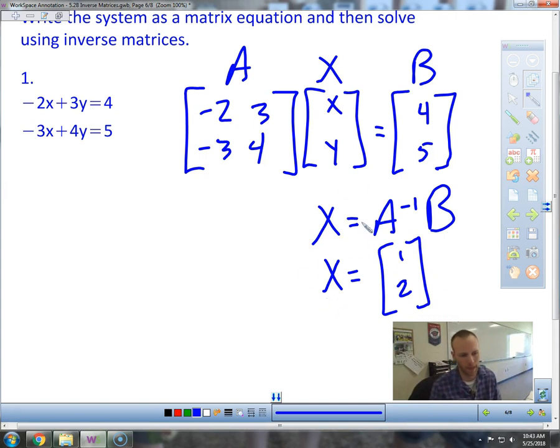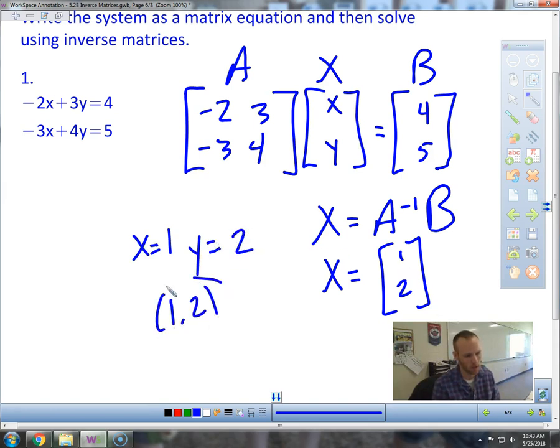Now remember this big X, that's a capital X for the name of that matrix. This is a little x, there's Y. So what is X? 1. What is Y? 2. The solution to this is 1, 2.